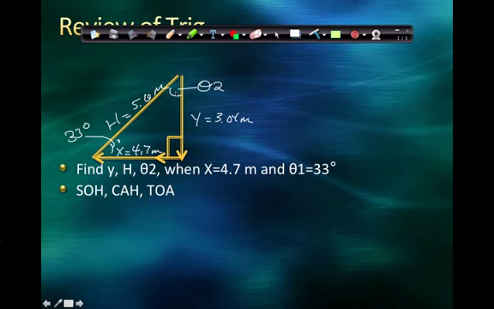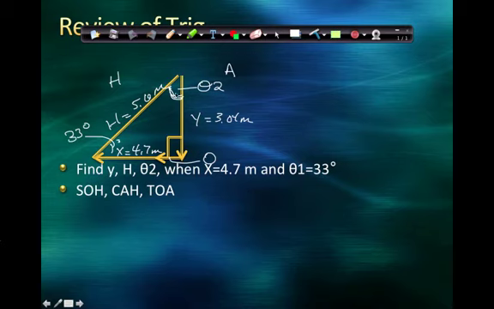So again, what I'm going to do is assign hypotenuse, opposite, and adjacent sides. So right here, this is always going to be the hypotenuse because it's away from the right angle. This side will become the adjacent because I'm looking at this angle right here. So that is the adjacent side to this angle. And then this side is the opposite side because it's not touching that angle right here.